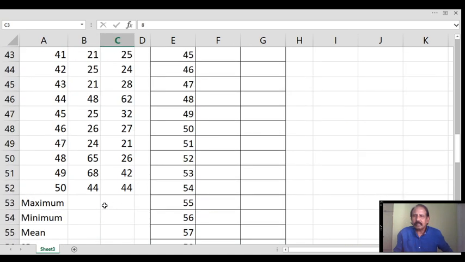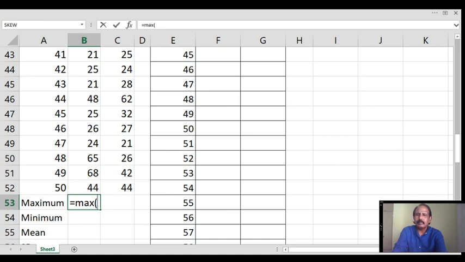Here friends, we have to find the maximum score, the highest score out of the entire data set. For that we will write equal, then MAX, which stands for maximum, and then the data range of the entire data. For converting the raw scores, we have to find the highest score out of the entire data set.